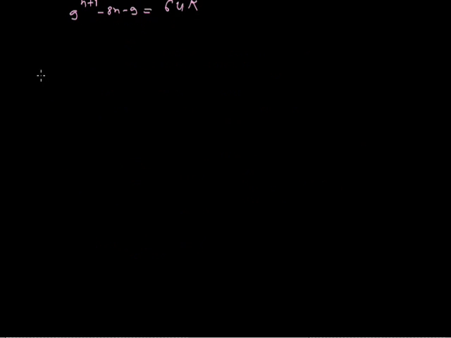Now the next is finding remainder. How can we find the remainder using binomial theorem? So here we have to find what will be the remainder when we divide 5 to the power 99 by 13.